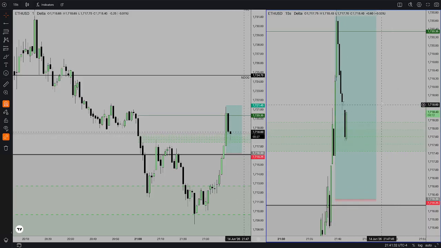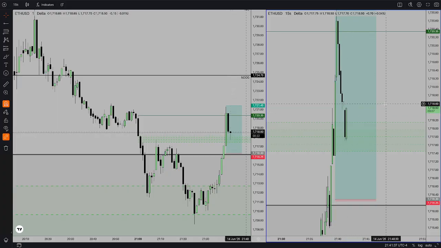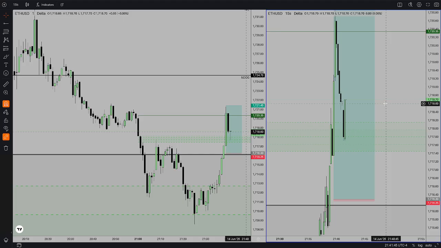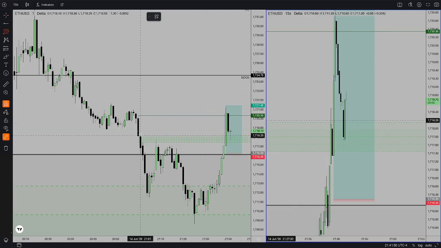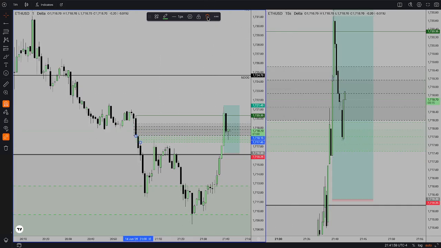That's the consequent encroachment, volume imbalance. I should take care of these colors. Yes, saw the reaction of that consequent encroachment.